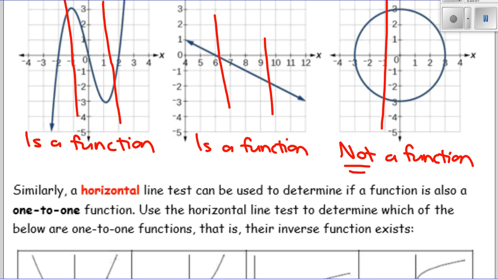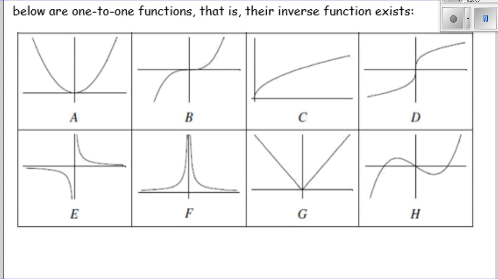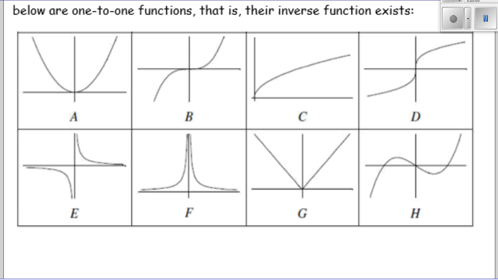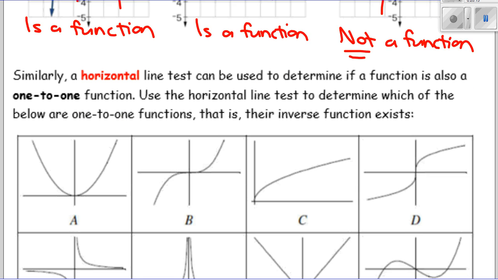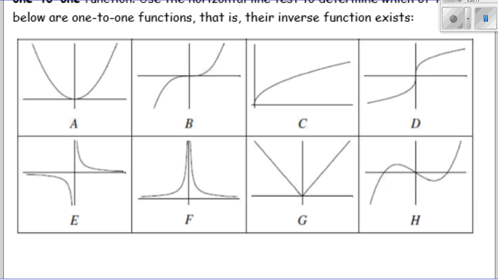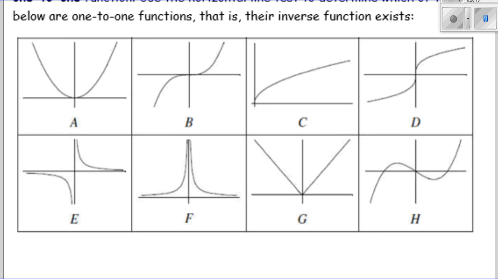They need to be a function to begin with, but I think I've picked ones that are all functions. A vertical line test wouldn't cut any of those twice. So we can go straight into deciding which of these is one-to-one. What does that one tell us? It's not. Put not down there.